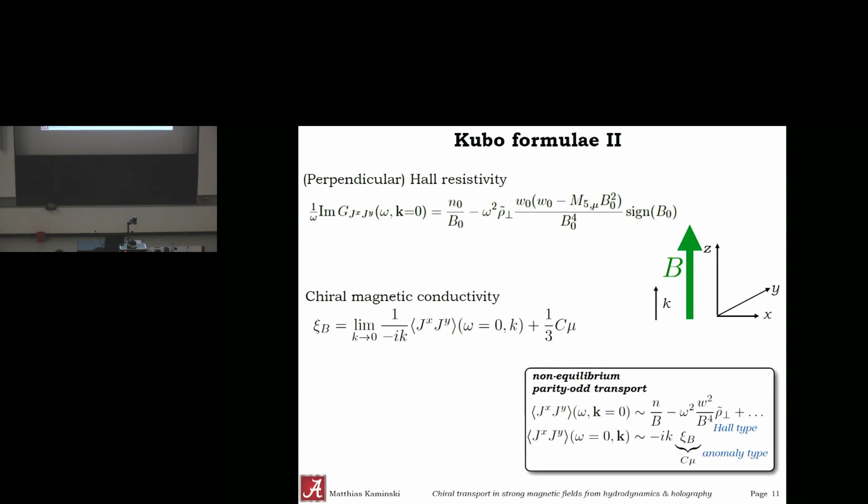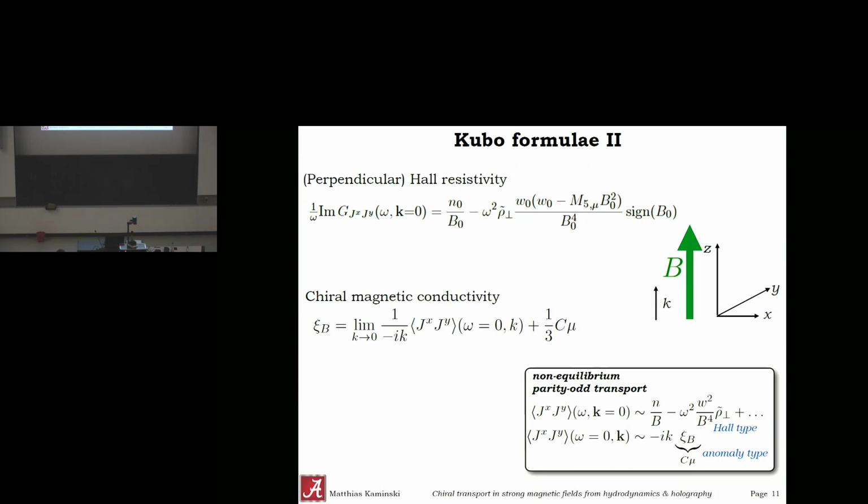This is basically the Kubo formula from the introductory slide. Here we have this Hall type conductivity, which has the twiddle. It is parity odd as a transport coefficient. That's why this is essentially Hall type resistivity. So it measures the resistivity if you have a current in the x direction and you have it correlated with a current in the y direction, and your magnetic field is along the z direction, the third direction.